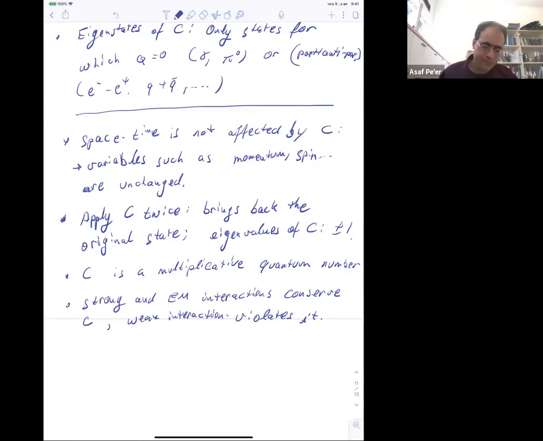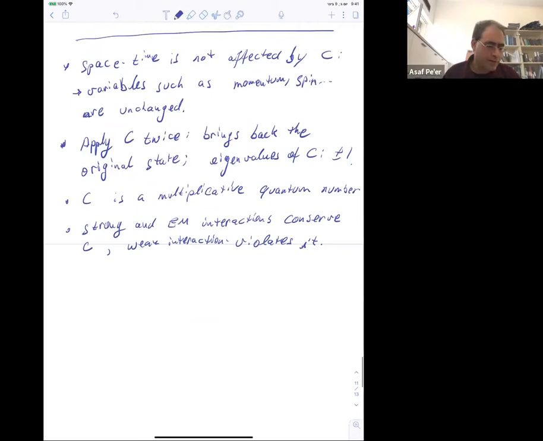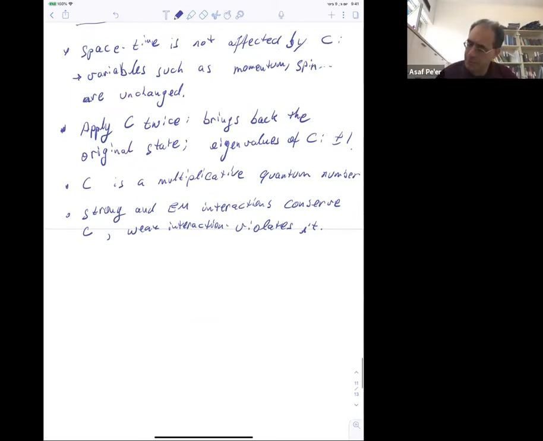Okay, so examples, right? What is the C for the photon and the pion 0? So I said that the gamma, the photon, is an eigenstate of C. What's the eigenvalue?